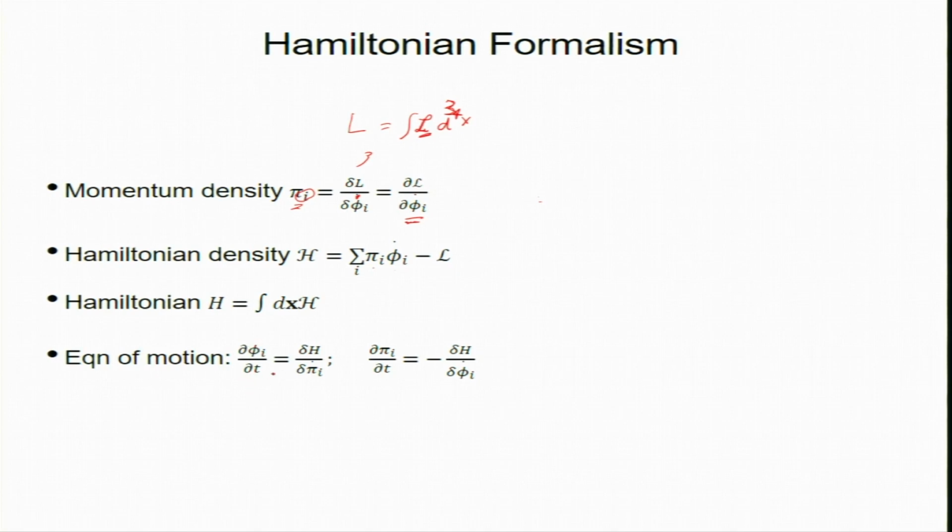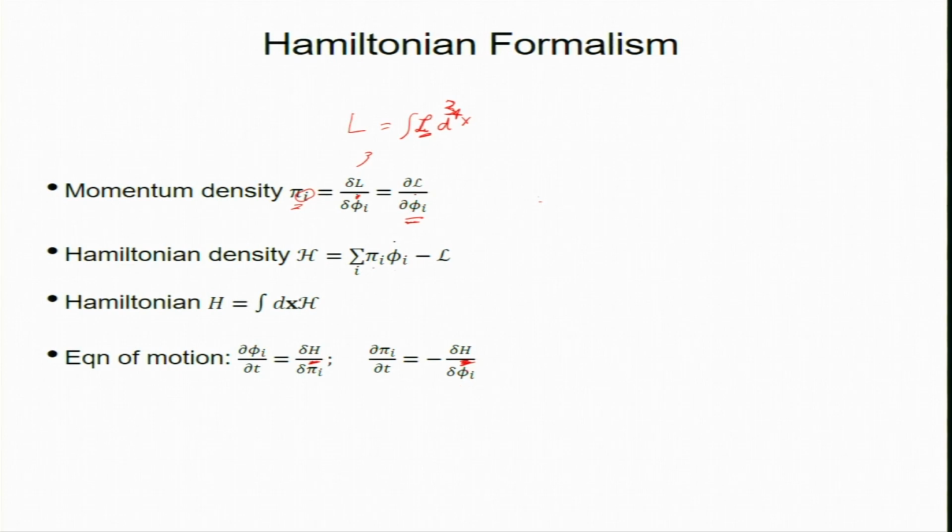Like we have x dot from the derivative of H with respect to pi, we have phi I dot equal to delta H delta pi I, and pi I dot is minus delta H delta phi I.